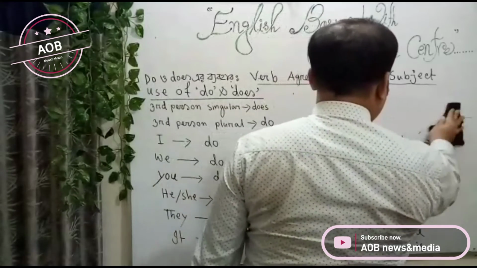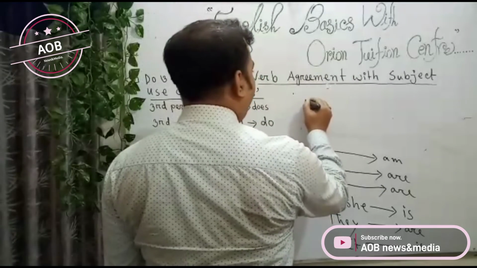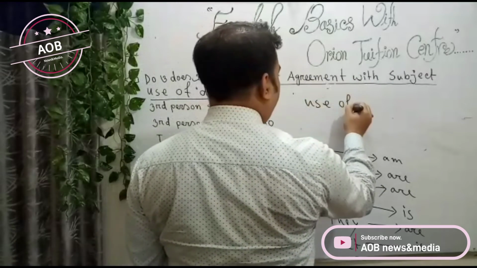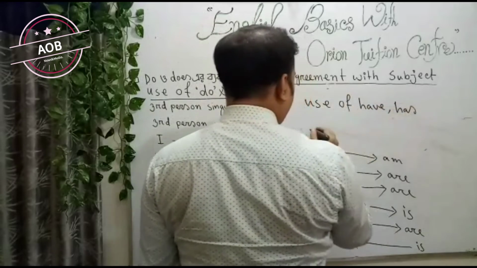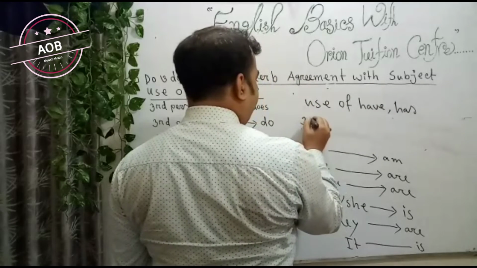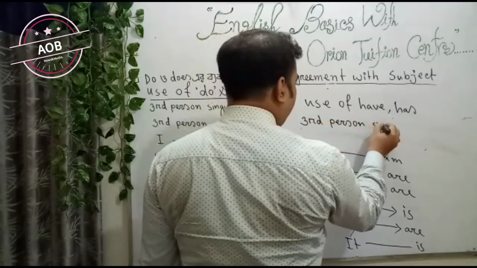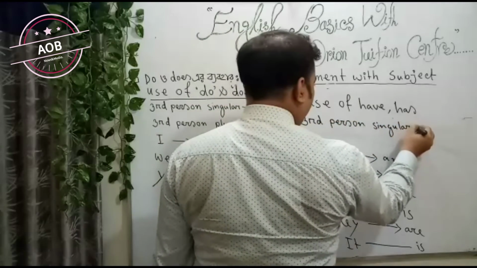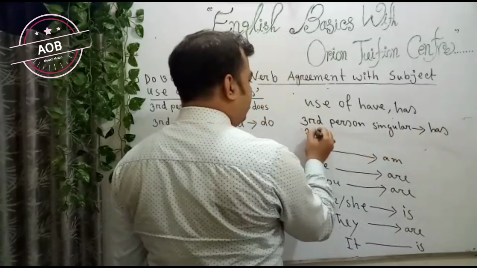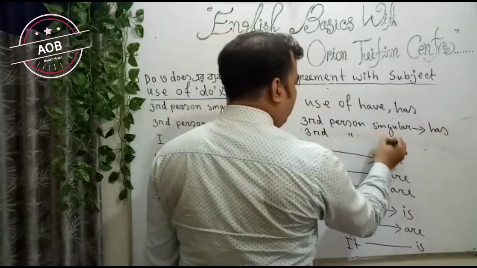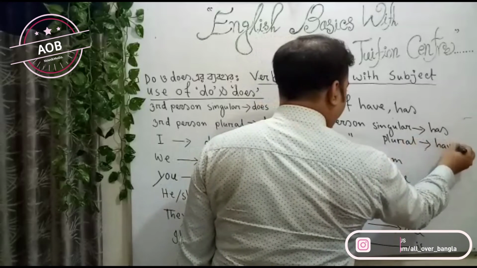have or has. So look at the board. Use of have or has. If the subject is third person singular, we will use has, and if the subject is third person plural, we will use have.